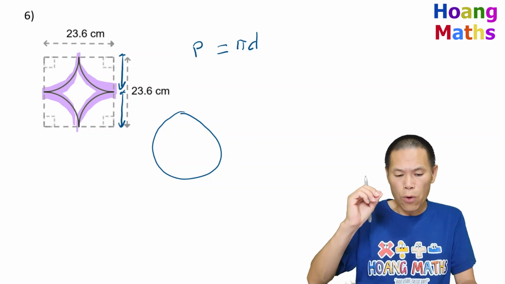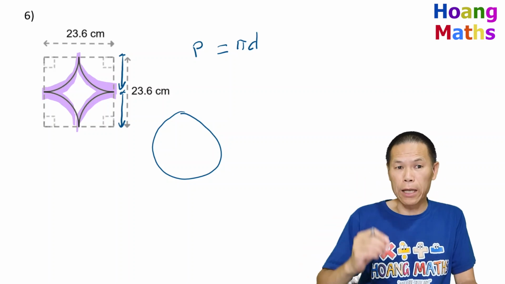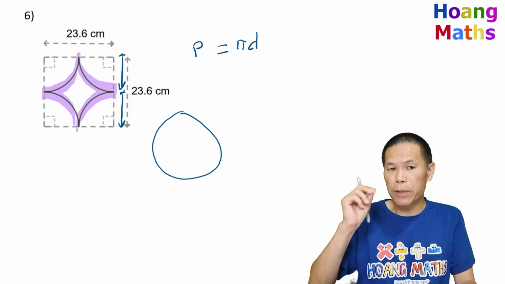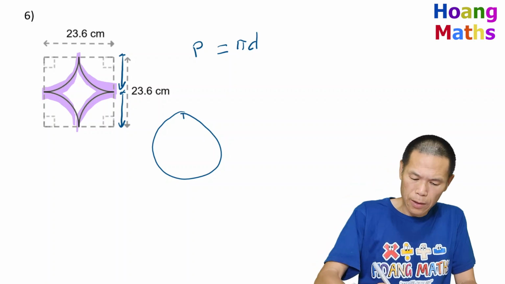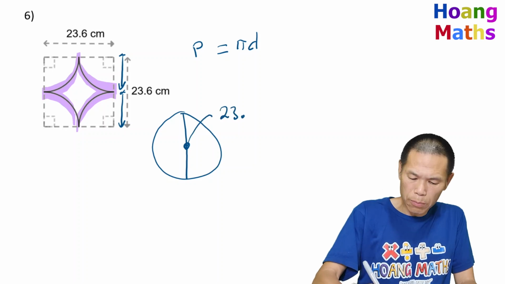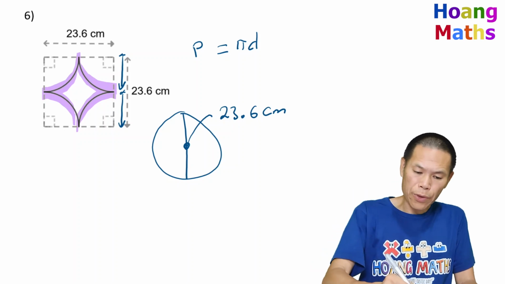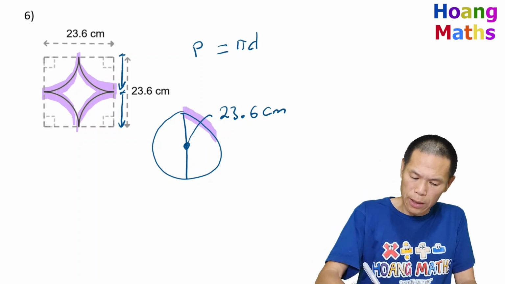So therefore, 23.6 is the diameter. Okay, keep that in mind. 2 radius become a diameter. So like this, the diameter is 23.6 centimeters.